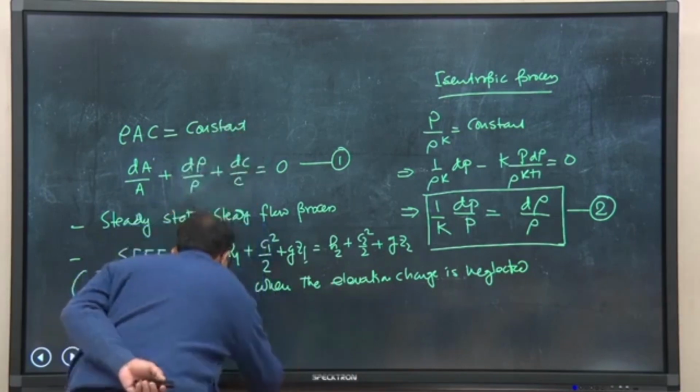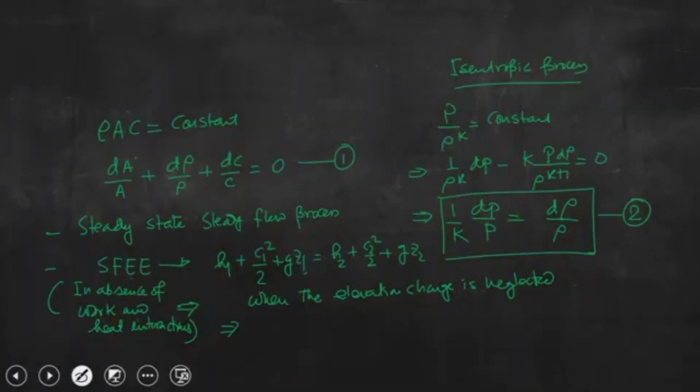So, we can write H2 minus H1, that is dH plus CdC equal to 0. That is dH plus C2 square minus C1 square by 2, basically CdC.